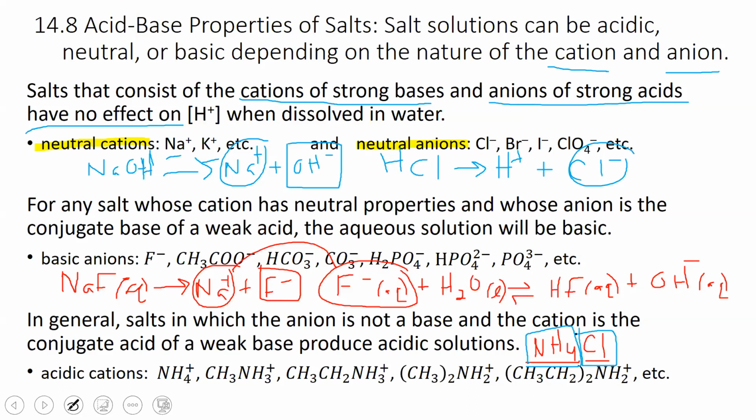And so in a solution with something like a protonated version of one of the nitrogenous bases, that will be acidic. And so you'll wind up with an acidic solution if you have a salt containing one of those conjugate acids of one of the nitrogenous bases and an anion which is the conjugate base of a strong acid, okay? So those are just qualitative ways to identify, oh, you know what?